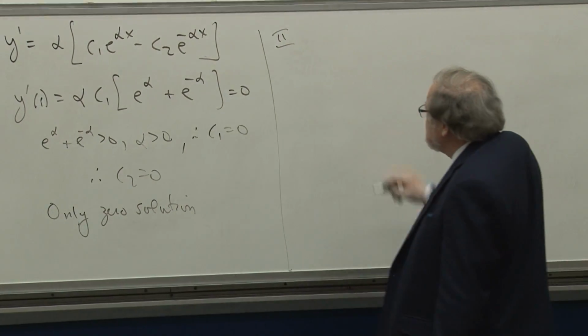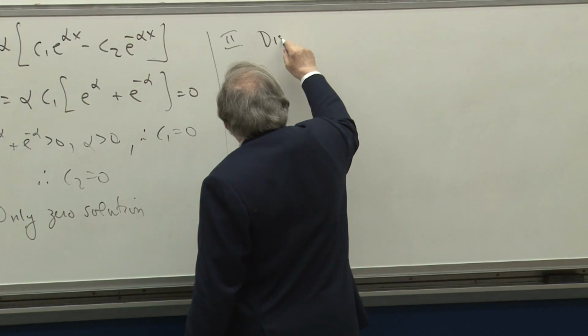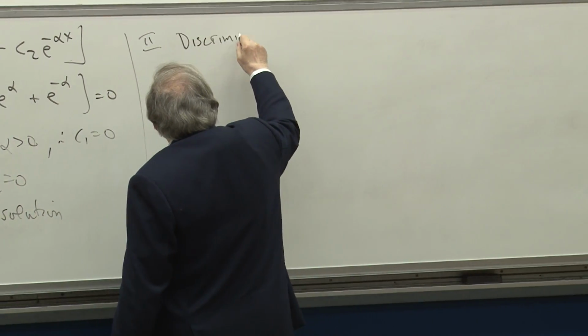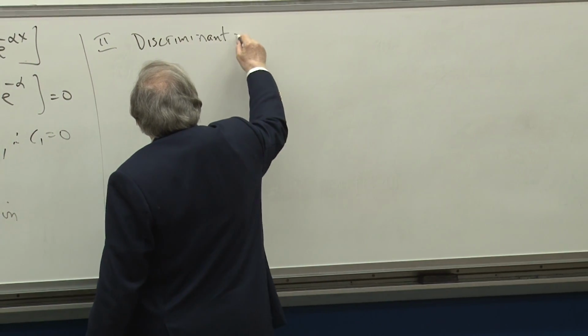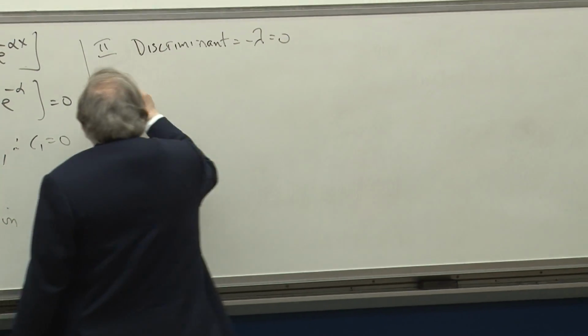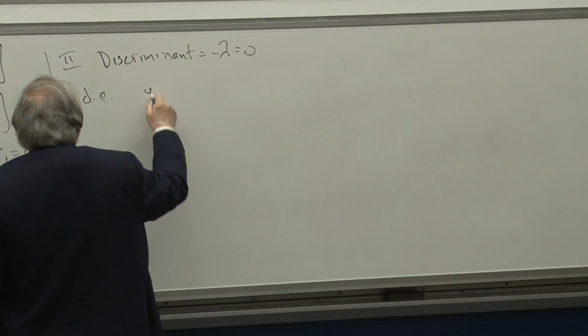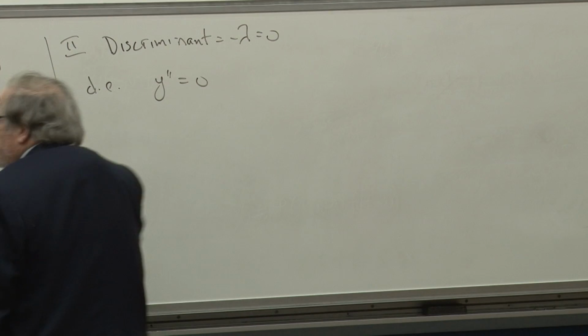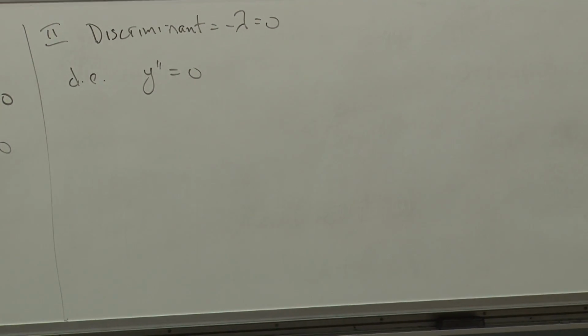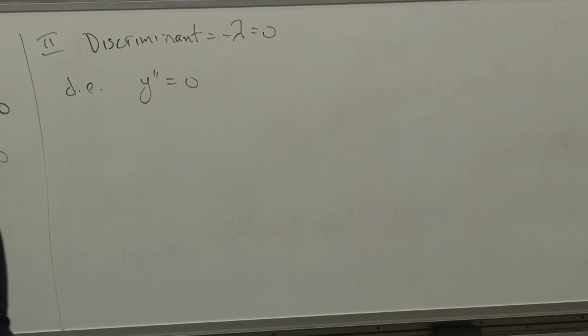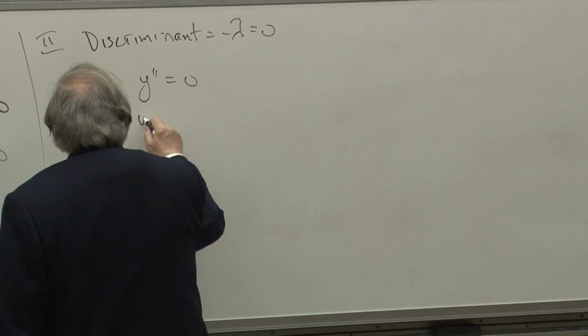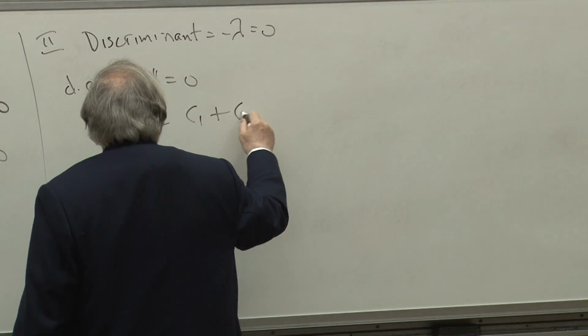So the second case is discriminant equals 0. The differential equation then is y double prime equals 0. And so the solution is C1 plus C2x.